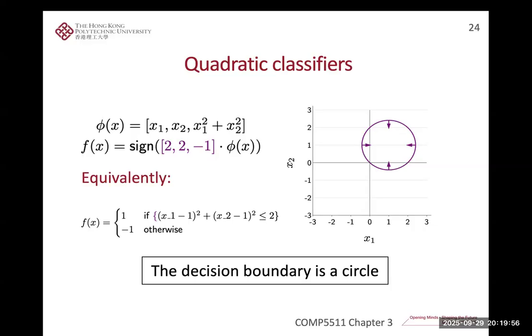And we still simply use the sign function of the score. The score is the inner product of the weight vector with the feature extractor. So we simply add one more term, and now the decision boundary is not a line, it is a circle. We just change one term of the feature extractor. Okay, this is how we use the feature extractor to deal with a nonlinear decision boundary. This is the quadratic classifier.